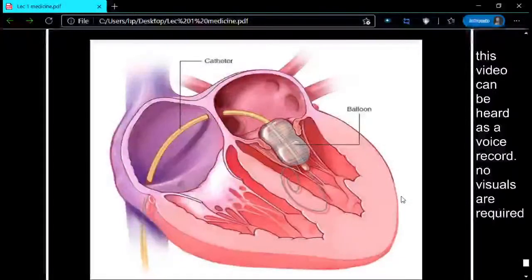Just like in this picture, you can see a catheter inserted into the heart and a balloon enlarged, allowing the mitral valve to be fully opened to prevent the backflow of the blood from the atrium to the ventricles during systolic cycle.